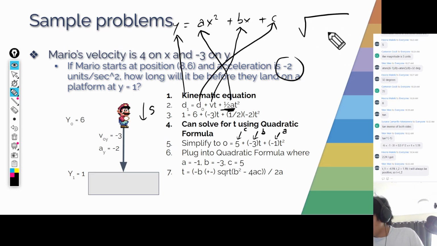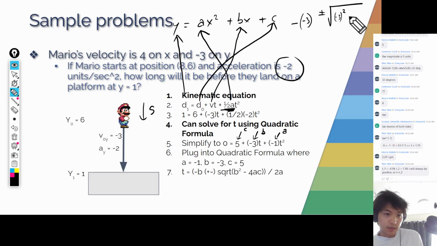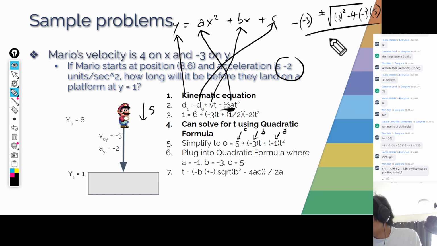So we have this, negative B, okay, -3. That's just 3, plus or minus the square root of B squared, -3 squared, minus 4AC, 4, A is -1, and C is 5, over 2 times -1.